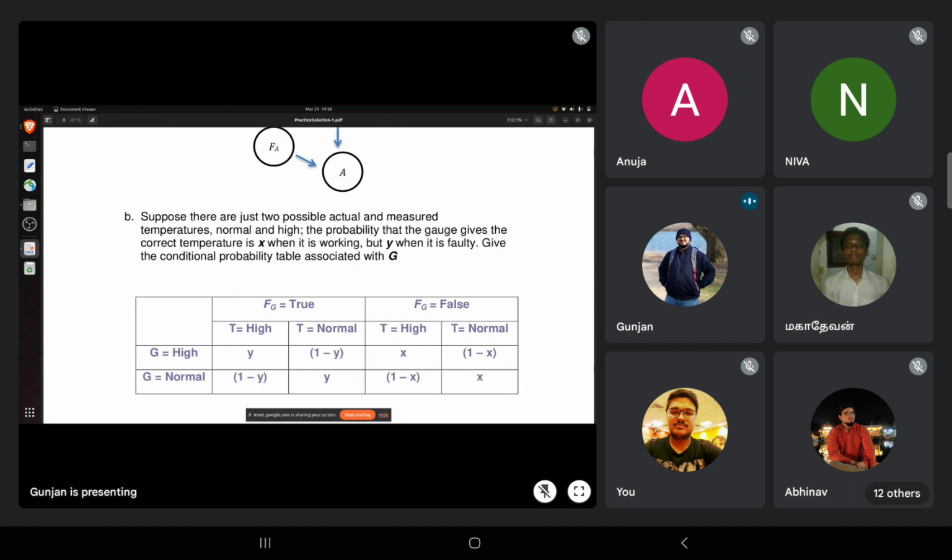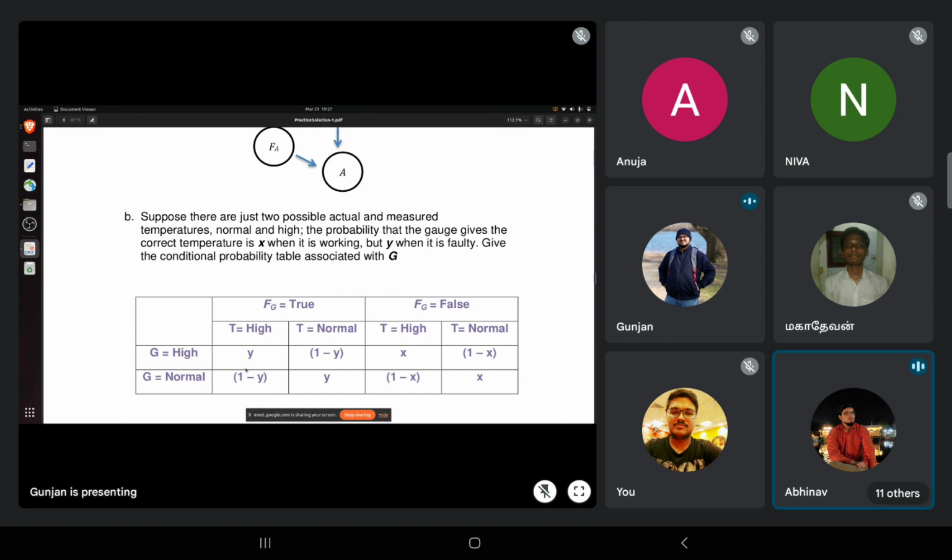When Fg is true, the gauge is faulty, and when the gauge is faulty, it gives you the reading with the probability Y. When temperature is high, it is more likely that the gauge is faulty. That's why temperature given high has value Y when the gauge is faulty, and when temperature is normal, it is 1 minus Y.